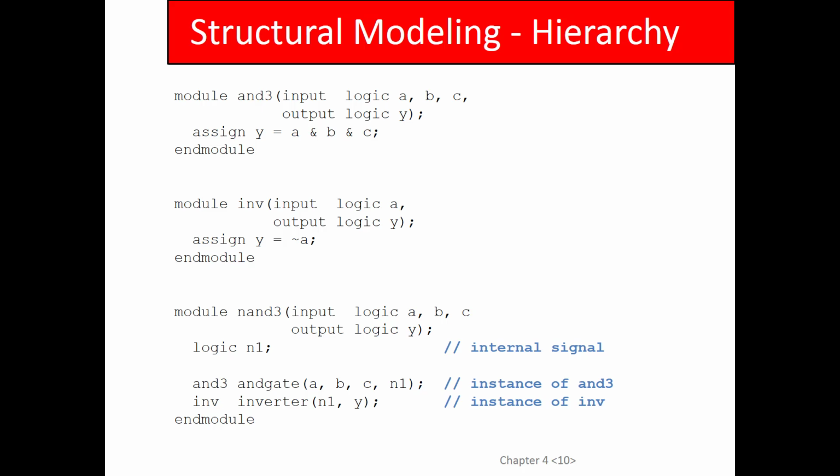I called it AND gate, but I will never use this name ever. It forces you to give names to these things. But the only place you'll ever see these is when you simulate. When you simulate it, you'll see the names in terms of the hierarchy. But you'll never refer to this name in the Verilog code.